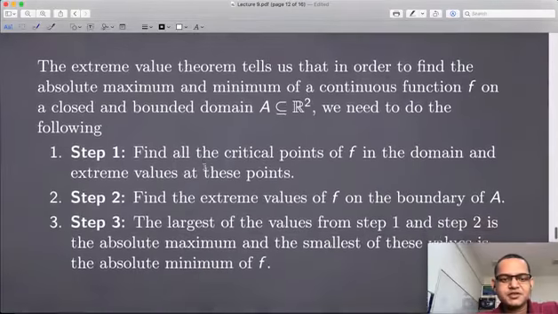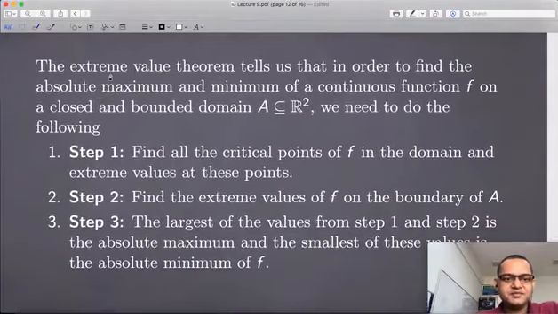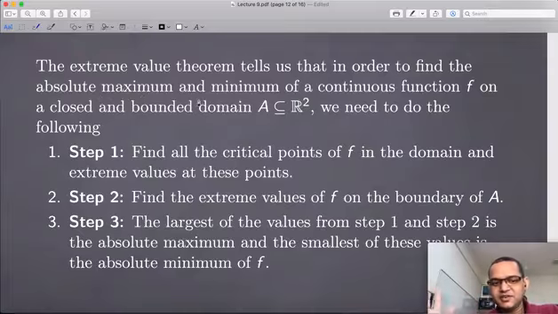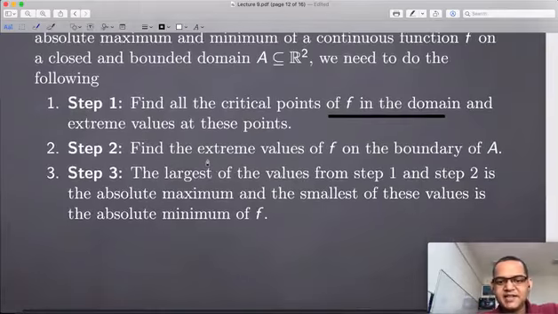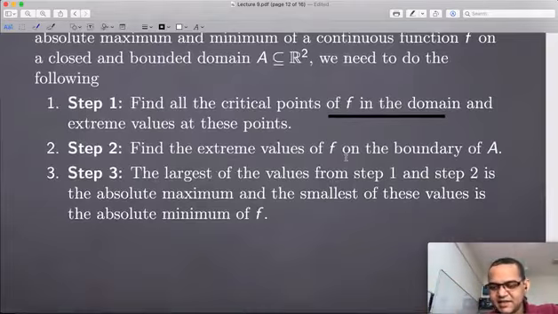Just to summarize, this theorem tells us that in order to find absolute maximum and absolute minimum on these kinds of domains which are closed and bounded, we need three steps. First, you compute all the critical points of f in the domain and find the extreme values. This could be minima or maxima. Then find the extreme values of f on the boundary. So you have to first find the boundary and then find the maximum and minimum values.